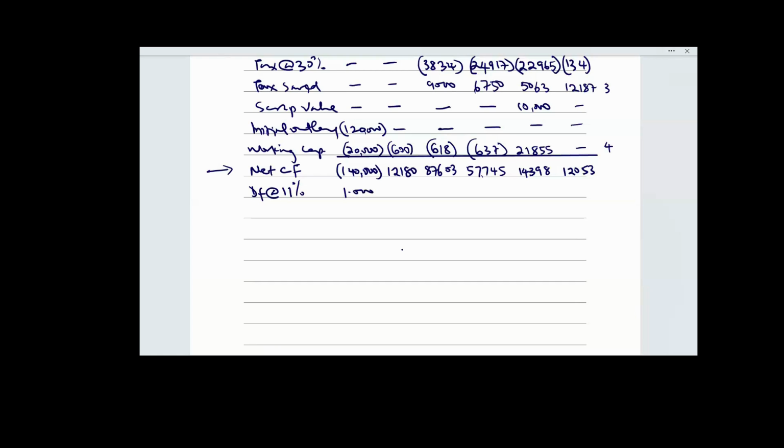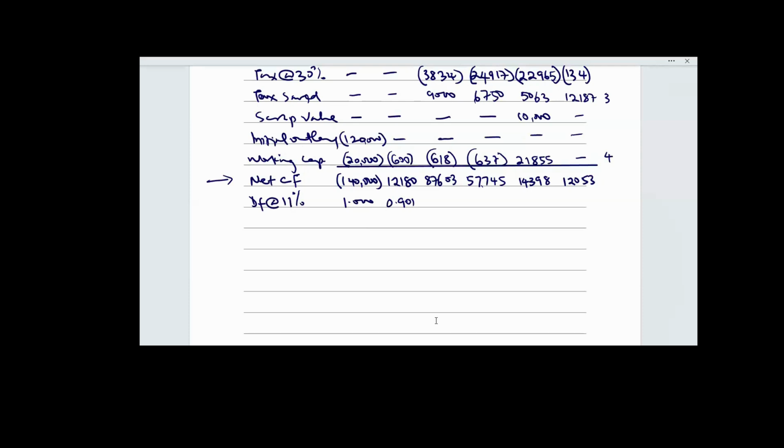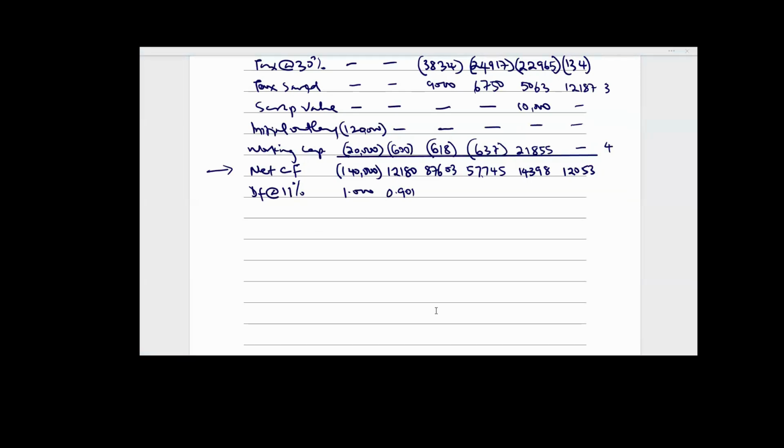So here is the discount factor for year 1 at 11%. 1.11 raised to power minus 1 is 0.901. Year 2 is 0.812.